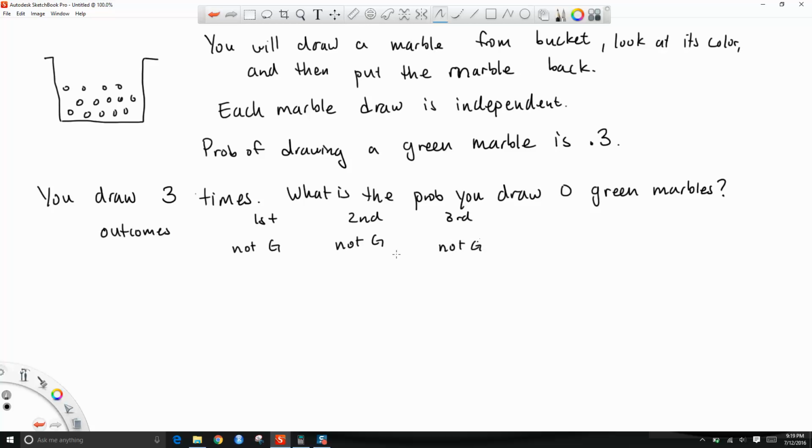So what's the probability of getting not green on the first? 0.7, right? On the second? 0.7. On the third? 0.7. So I would multiply all of these together and I would get 0.343 if I did my math correctly.